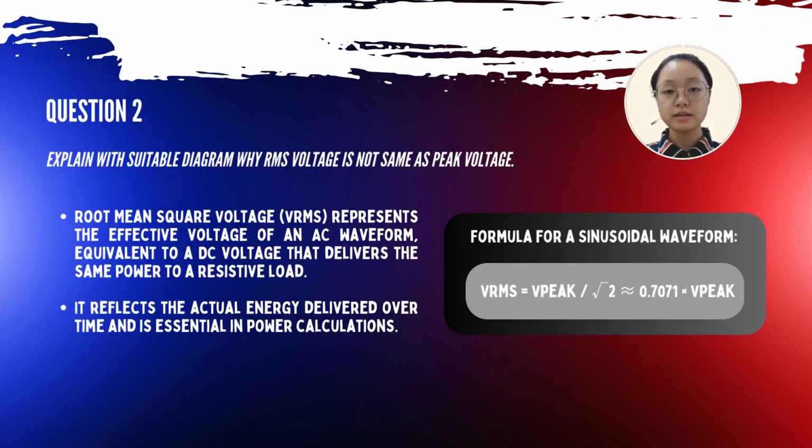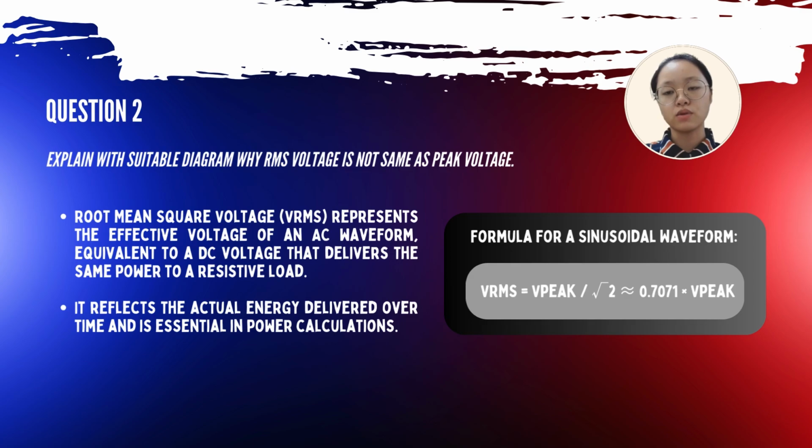Next, RMS voltage measures the effective voltage of an AC waveform. It is equivalent to the DC voltage that would deliver the same power to a resistive load. Unlike peak voltage, RMS voltage reflects the actual energy delivered over time and is a critical parameter for power calculations.